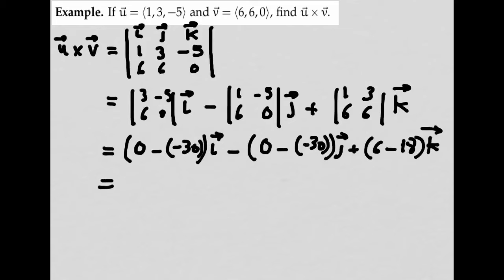That's equal to 30i minus 30j plus, minus 12k. And that is u cross v.